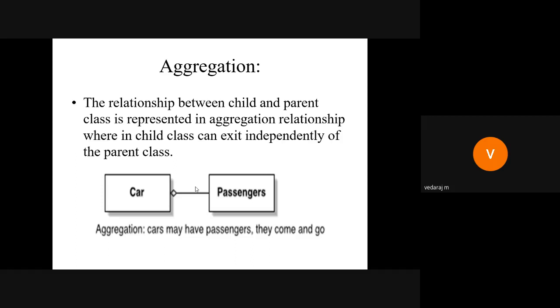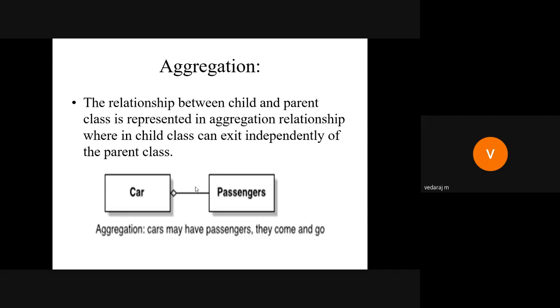So what is the meaning of aggregation? Aggregation is nothing but that the child class can exist independently of the parent class. See, the passenger class is not completely dependent on the car class. Both act independently. Without a passenger the car exists, and without a car the passenger exists. This is called the aggregation relationship.